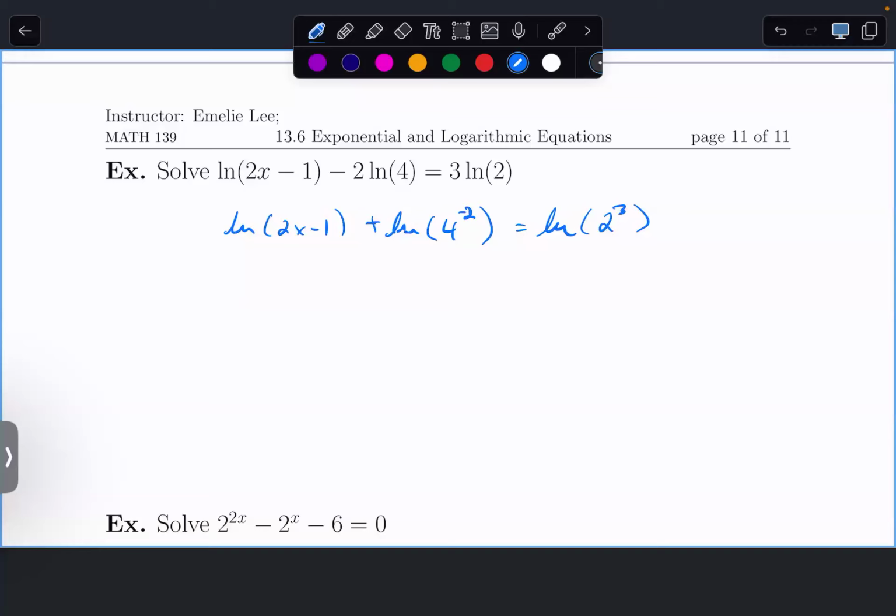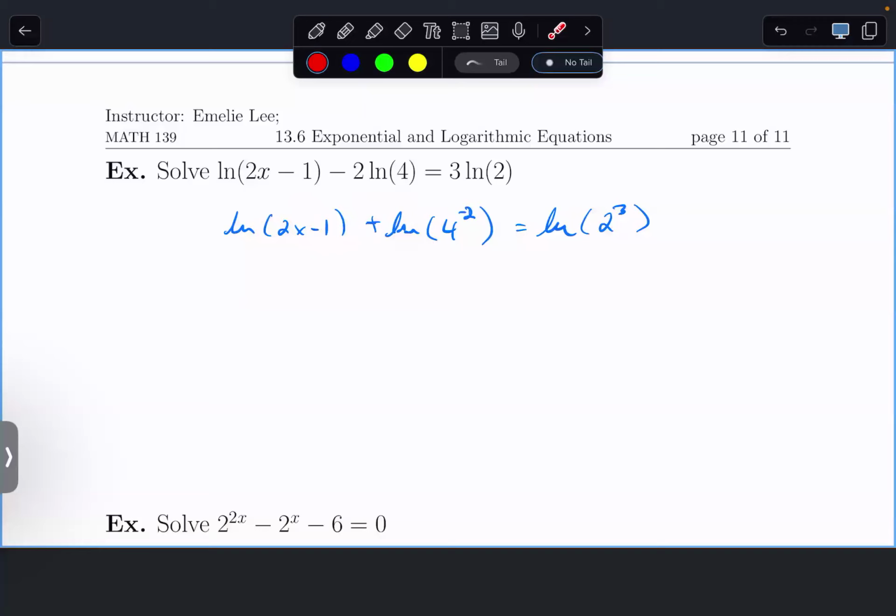Because now I have a log base e and a log base e and another log base e. So what can I do? I can rewrite this as 1 log. I could even bring this log over here, but let's not overdo it. Let's just deal with this side.